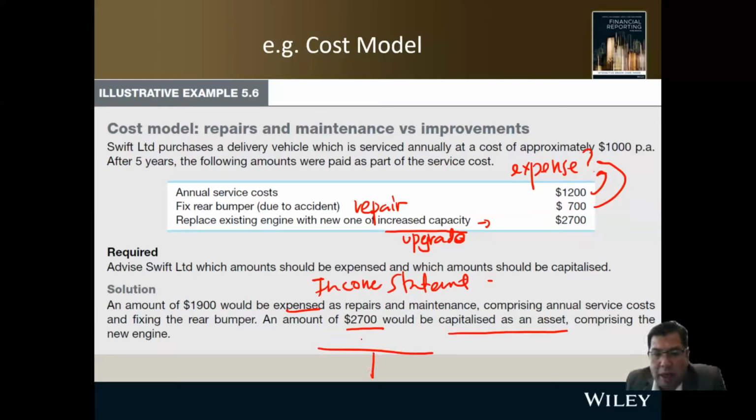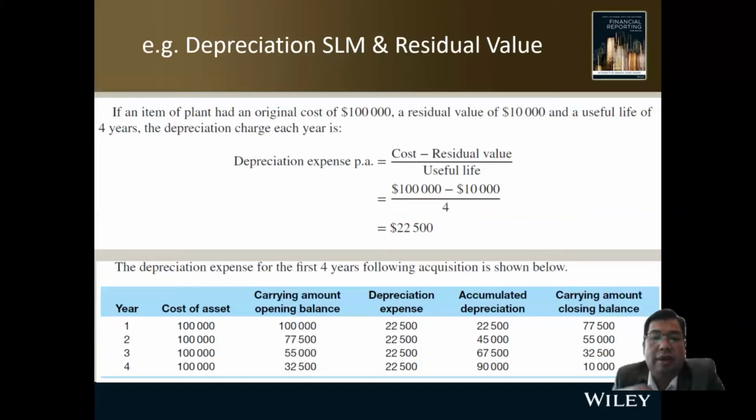If you have your PPE here, capitalized means you are going to add on the debit side. So you are going to debit the PPE by 2,700 because it comprises the new engine, improved capacity, and so on. So it is going to be 2,700 debit delivery vehicles there.